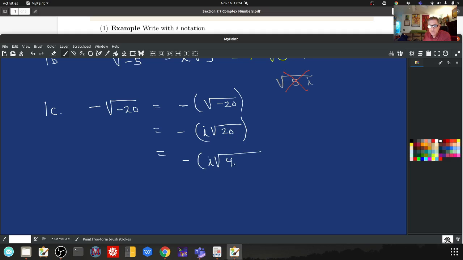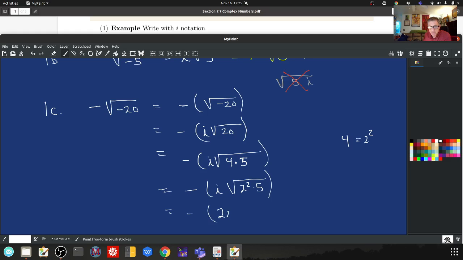The square root of 20 is the same as the square root of 4 times 5. And 4 is equal to 2 squared. So that's minus i times the square root of 2 squared times 5. So the index here is 2. That allows me to bring the 2 out, 2 squared out.